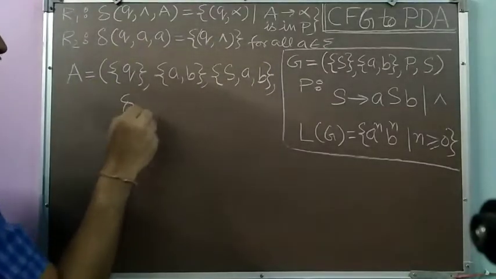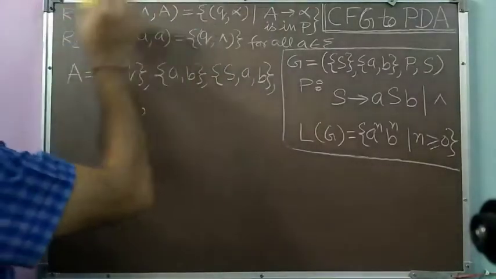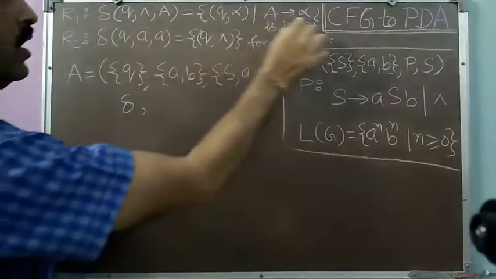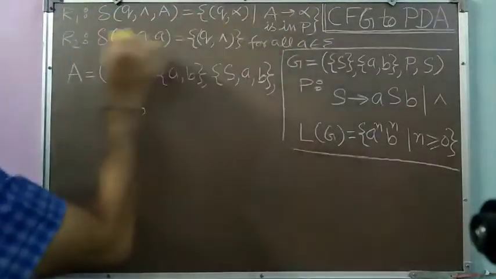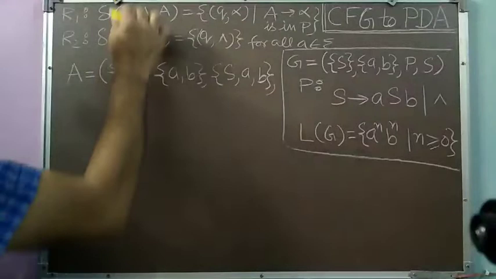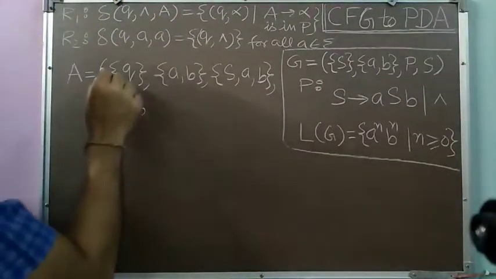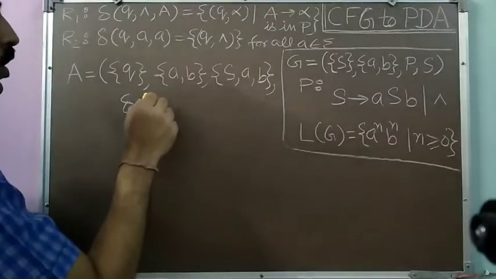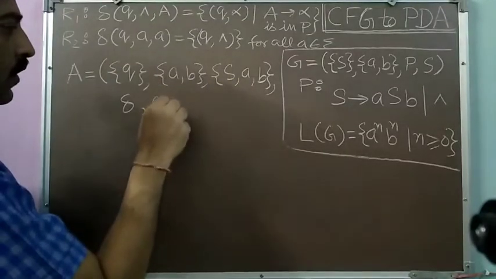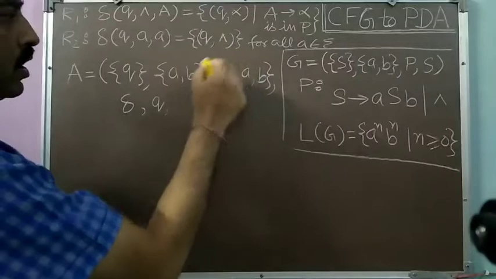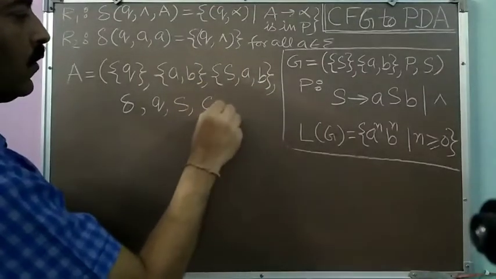Now we'll find its transition function delta with the help of these 2 rules. For your convenience, I have written these 2 rules here. This is rule number 1. This is rule number 2. By the application of these 2 rules, we will be finding our transition function delta. Q0 is this state itself, and Z0 is the initial pushdown store symbol, that is this, and phi.